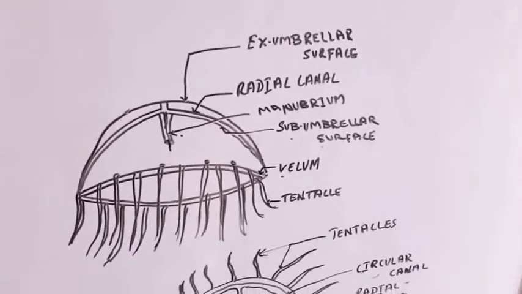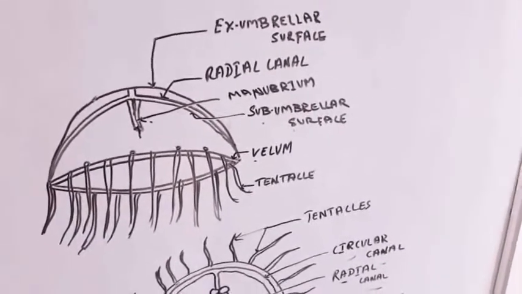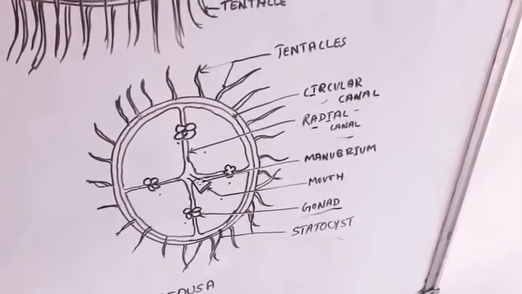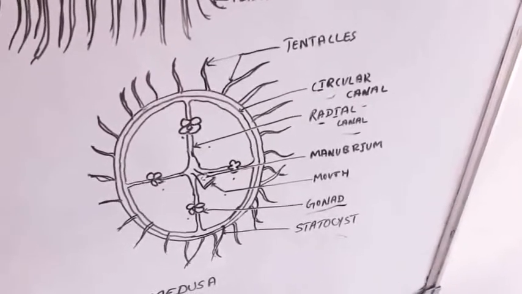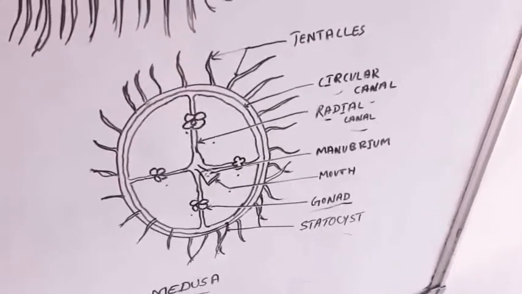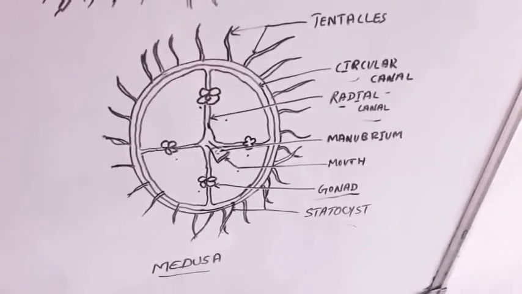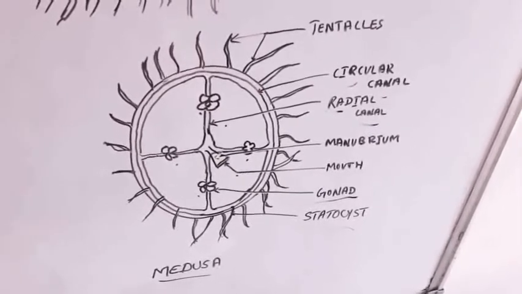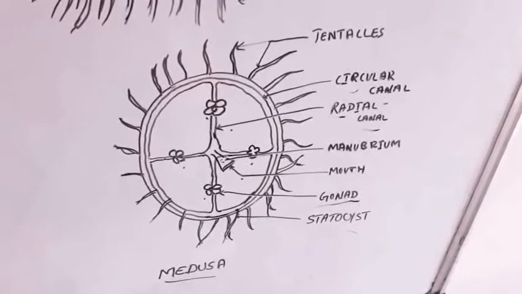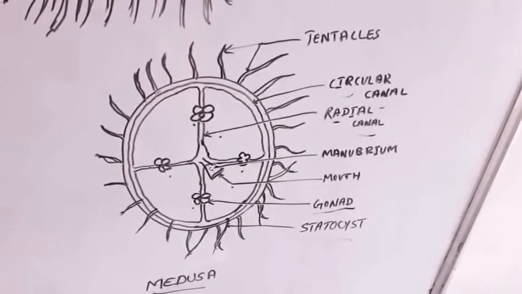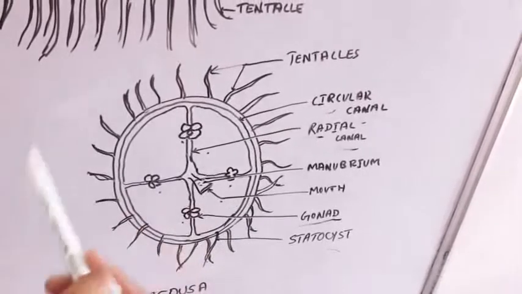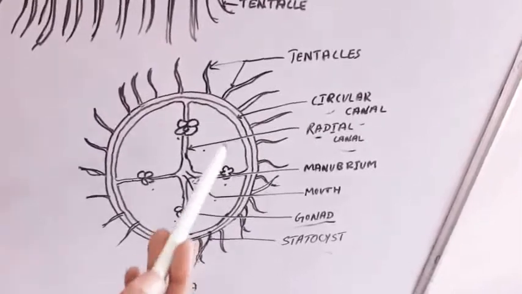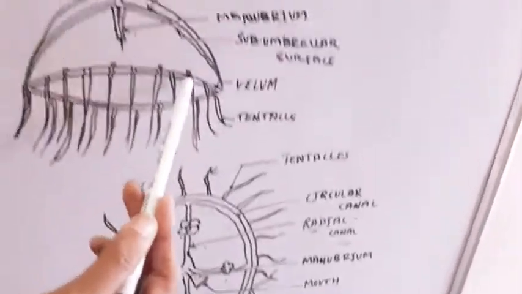There are 8 marginal sense organs present, called statocysts. These sense organs are arranged at regular intervals. The statocysts are the balancing organs. So there are numerous tentacles, and 8 marginal sense organs called statocysts.